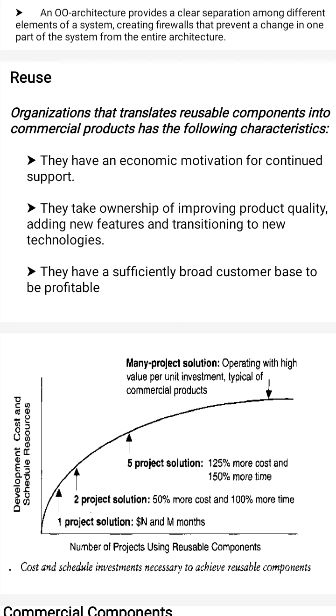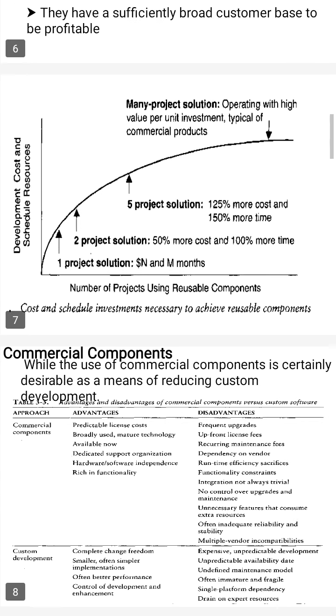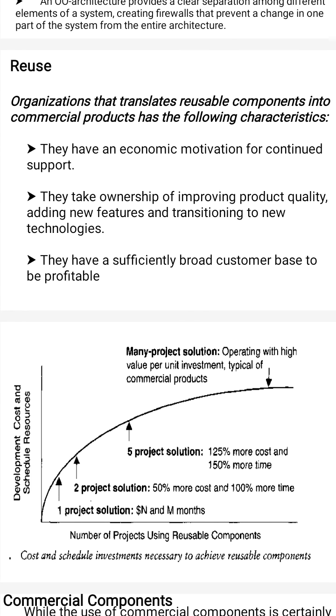And they have a sufficiently broad customer base to be profitable. Once again: economic motivation, improving product quality and adding new features and transitioning to new technology, and a sufficiently broad customer base to be profitable.